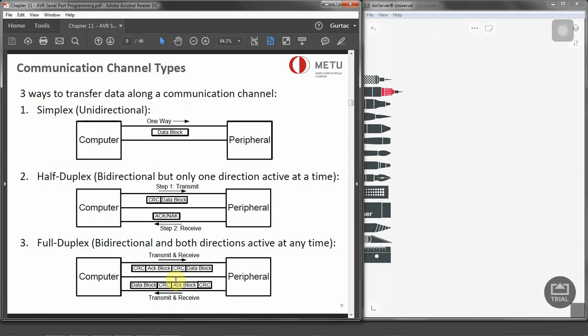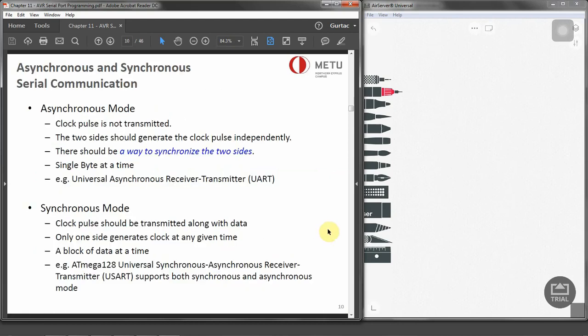With the asynchronous, there's no clock pulse. With the synchronous, there is a clock and everything is synchronized with the clock. So with the asynchronous mode, the clock pulse is not transmitted. The two sides should generate a clock pulse independently. The computer has one, and the peripheral has another one.